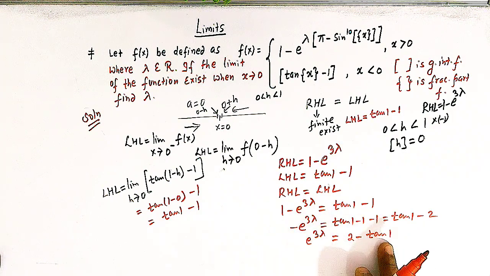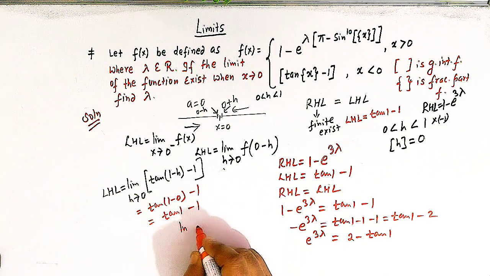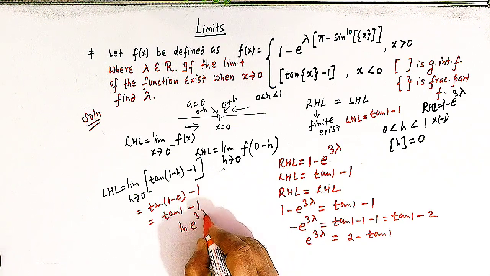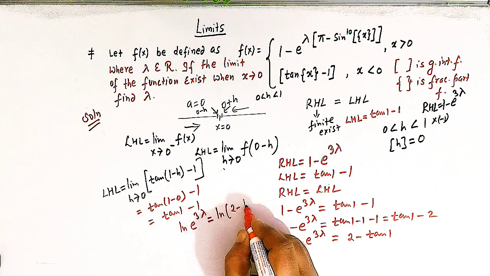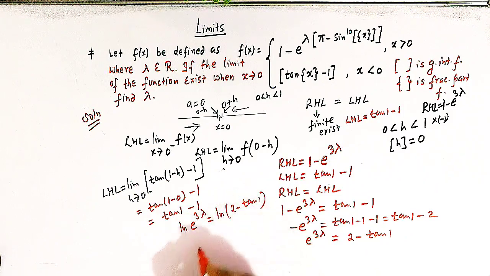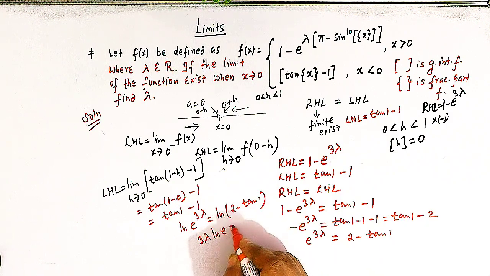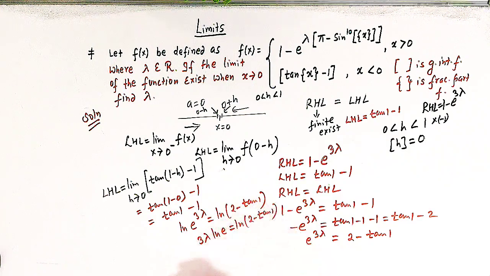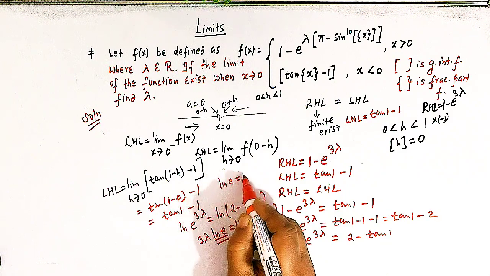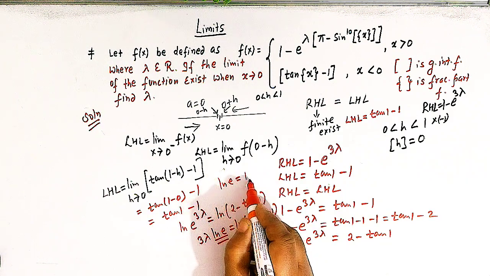So now taking the natural log of both sides, we have log of e raised to 3 lambda equal to log of 2 minus tan of 1, and this is 3 lambda log of e equal to log of 2 minus tangent of 1, right? So the natural log of e is 1.